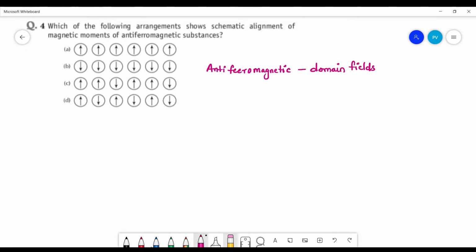If you see option D, in alternate positions the first domain and second domain spins are opposite in direction, the third and fourth are opposite and cancel each other, and the fifth and sixth domains are opposite.